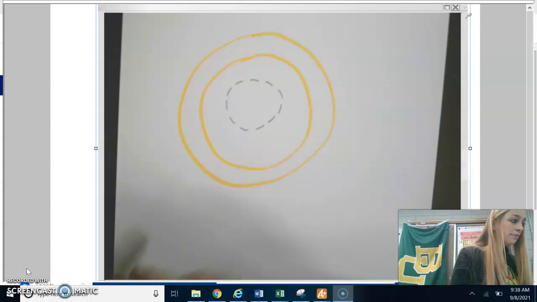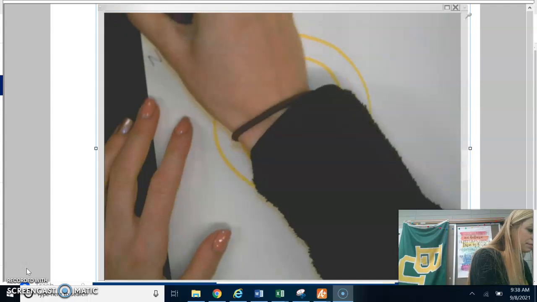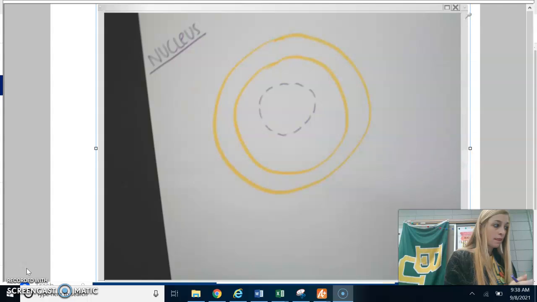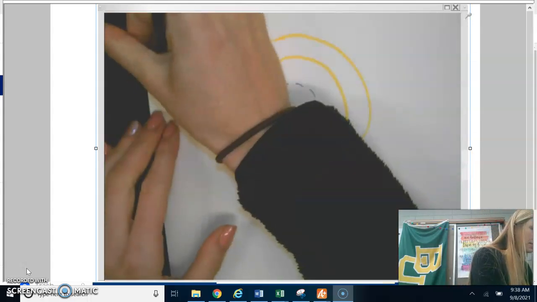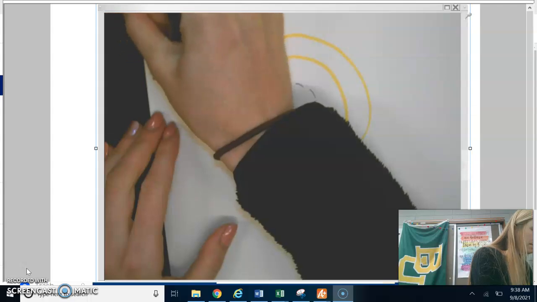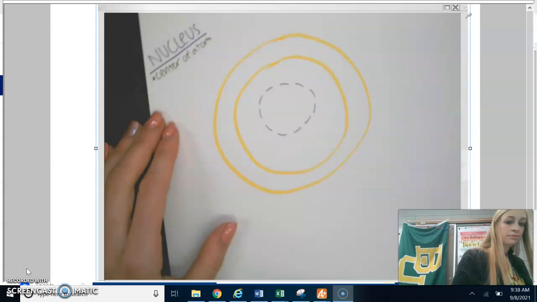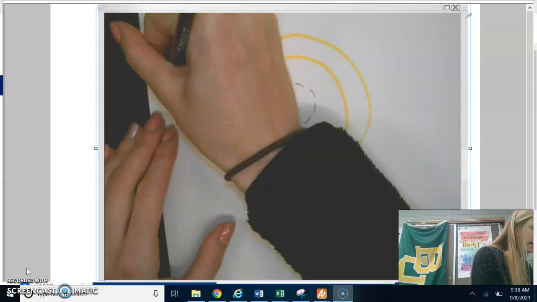So the first one is the nucleus. This is in the center. I'm going to try to keep these as short as possible. It's in the center of the atom. It's where the mass is located.